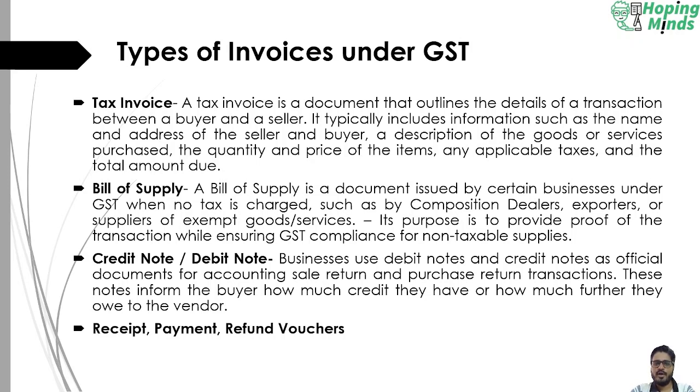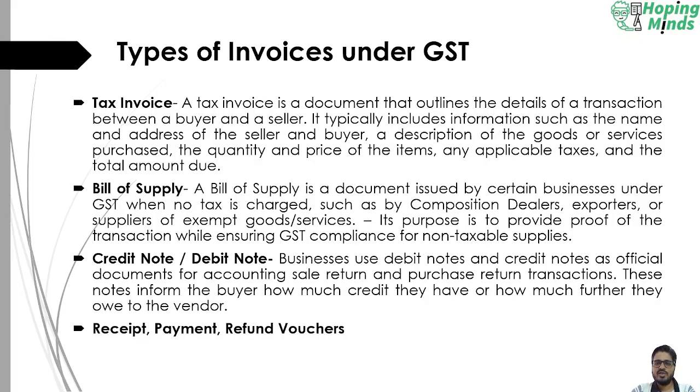So if a supplier of goods or services is not collecting any tax, he cannot issue a tax invoice. He has to issue a bill of supply. That is, if the seller is selling only exempted goods or dealing in exempted services, then he need not issue a tax invoice, rather he will issue a bill of supply.